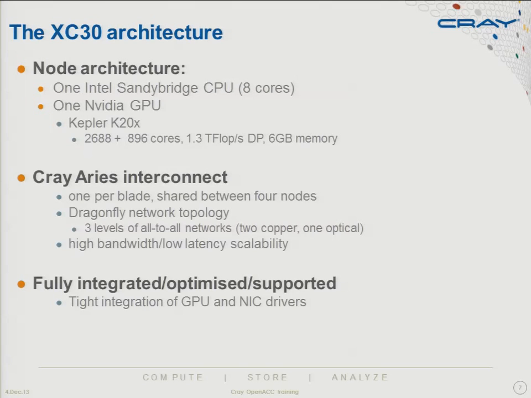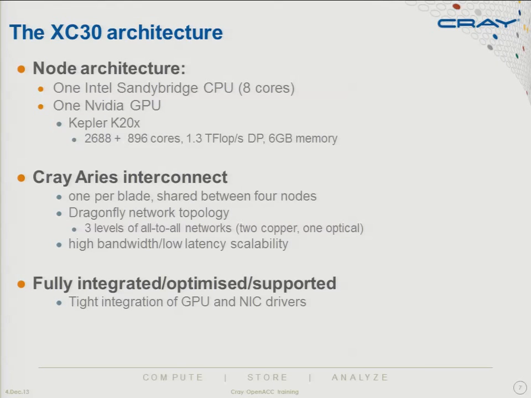The amount of global bandwidth is actually tunable. You can choose how many optical cables you put into your system. One of the amazing things about the machine at CSCS is that it's one of the first systems that has the full complement of optical cables. So this machine has the best bandwidth of any Cray XC30 that you would ever be able to use in the world. Another great feature of it.